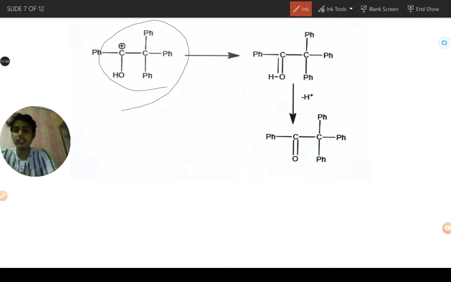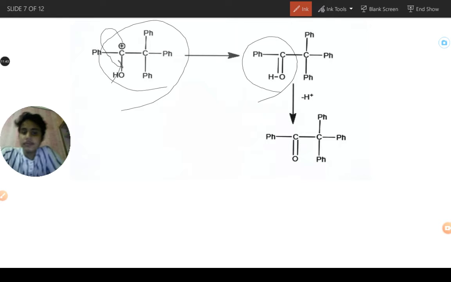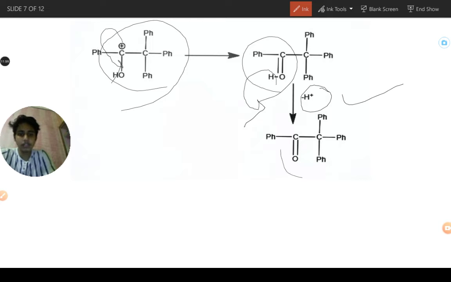Now this carbocation will jump towards this bond and form a double bond. But the H plus will also be removed from here to stabilize the oxygen. So the hydrogen will deprotonate and the H plus will be removed from here and ketone formation will occur. This is pinacolone.